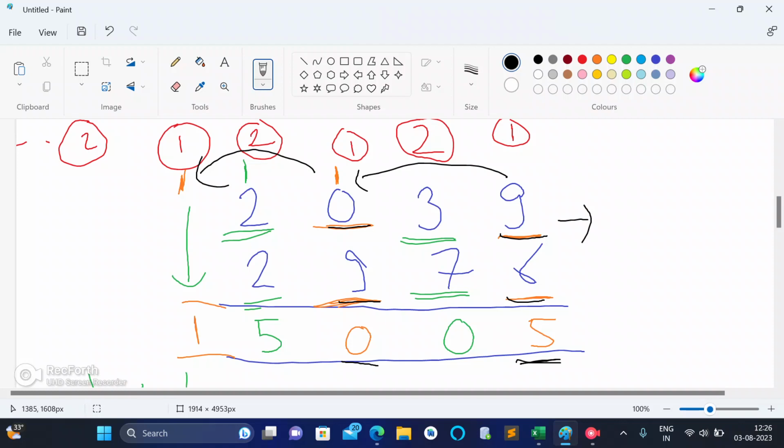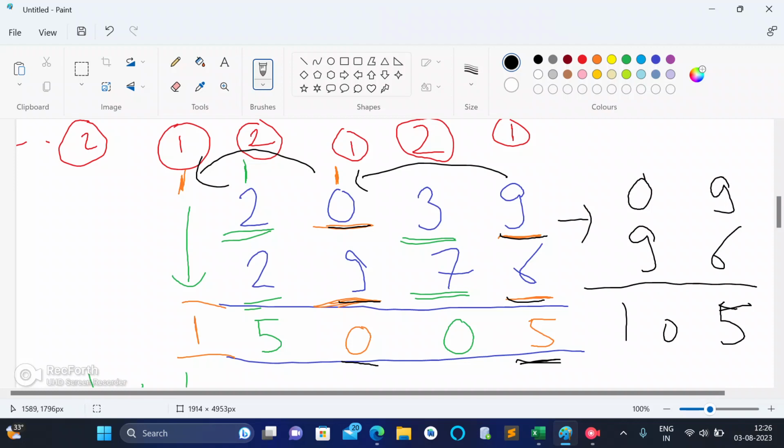I am writing only one section, section 1: 09, that is this value and this value, and 96. Let's now find the sum. 9 plus 6 is 15, then 9 plus 1 is 10. It is 105 actually: this is 1, this is 0, and this is 5.